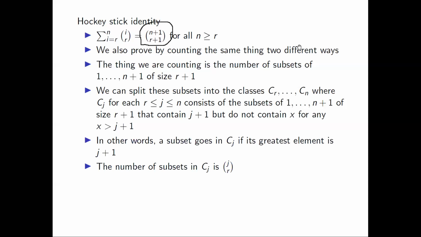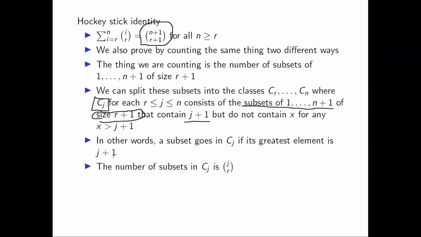And I claim that the number of subsets in the class CJ is equal to J choose R. Why would that be? Well, let's look at what CJ is. CJ is the class of subsets of 1 up to n plus 1 of size r plus 1, that's important, that contain J plus 1, but do not contain X for any X greater than J plus 1.